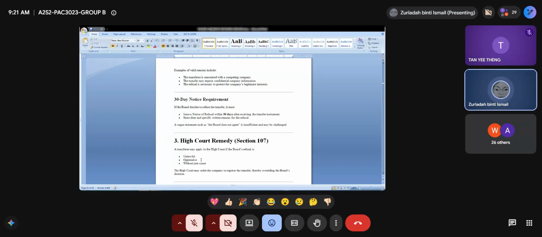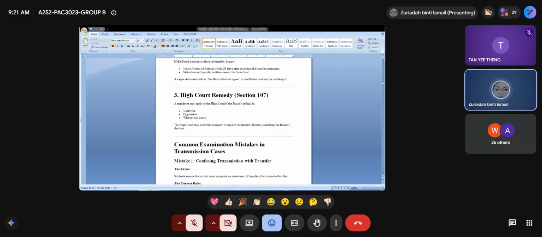Then the court may order the company to register. So the court order will override the board's decision.